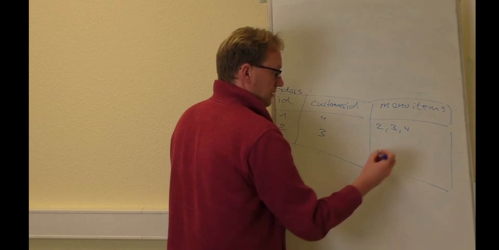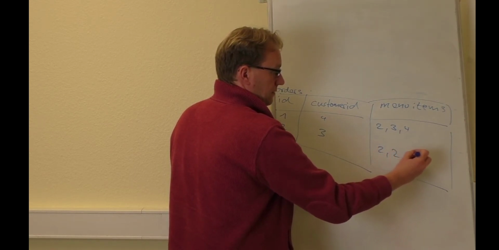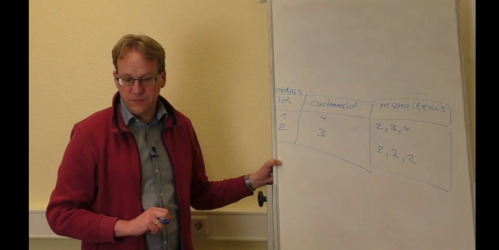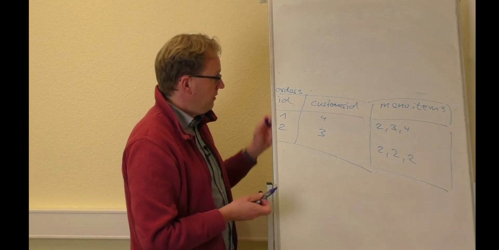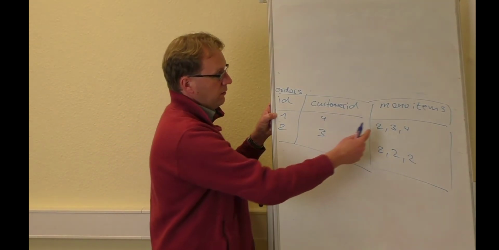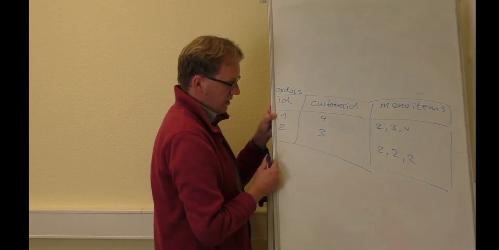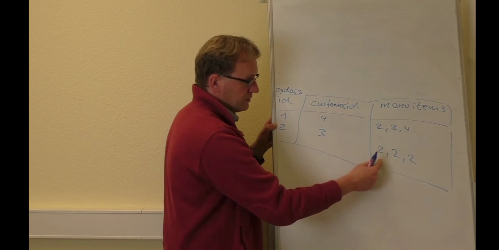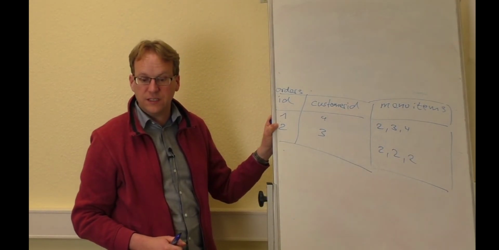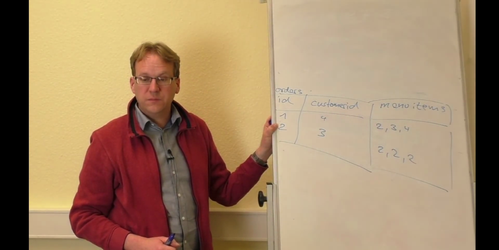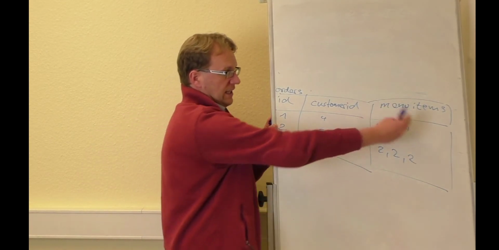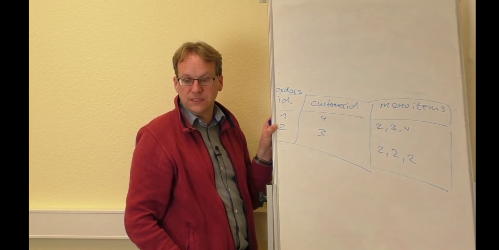For example, like this. That would be an idea. Thereby, order 1 would have contained these 3 menu items. Order 2 would have contained these 3 menu items. So that could be an idea to get along with just an extra column in our orders table.